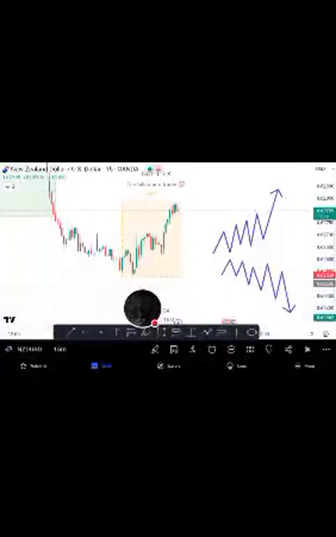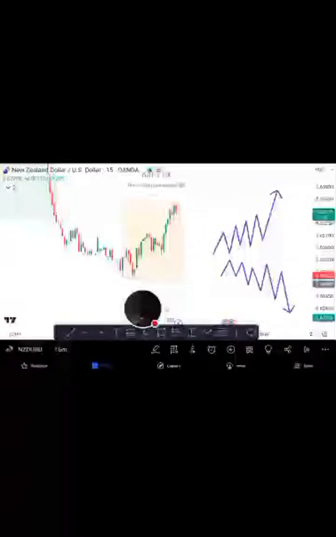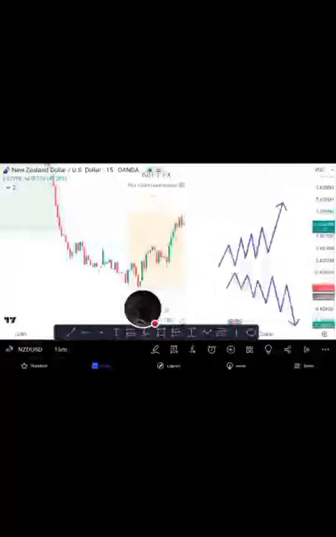So this is what I'm looking out for. I want to see first break of structure, second break of structure, liquidity graph, and third break of structure. Then I expect price to come back for mitigation during London session. The same thing with the sell is just the inverse.